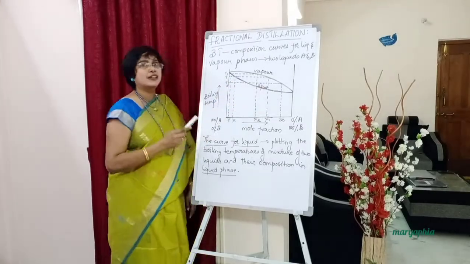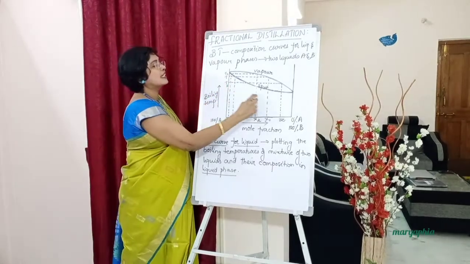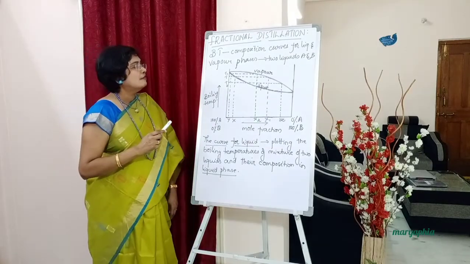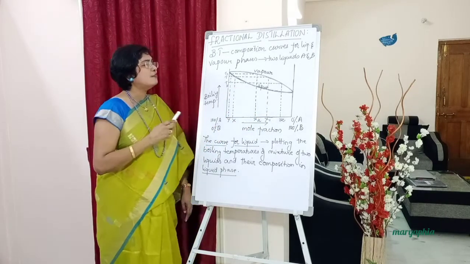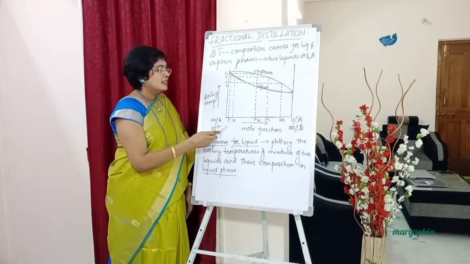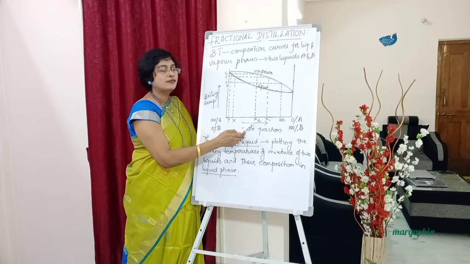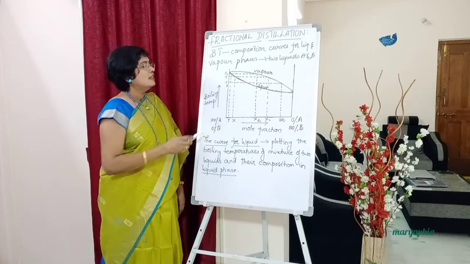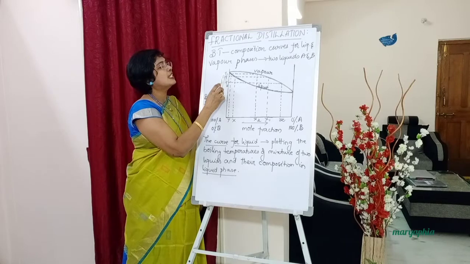Okay, and next, this is the curve obtained for the liquid component in its vapor phase, and this is the curve obtained for the component in its liquid phase. Fine, students, so carefully mark all these dotted lines, these three lines, and here X, Y, X2, X1, Z. Here also mark the temperatures: T2, T, and this one is T1.